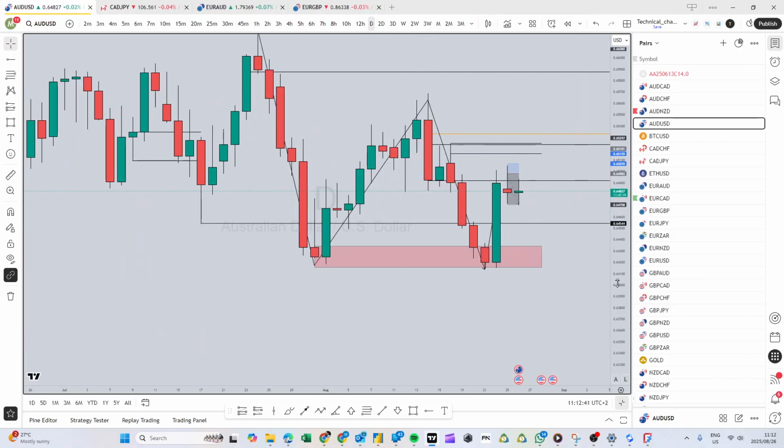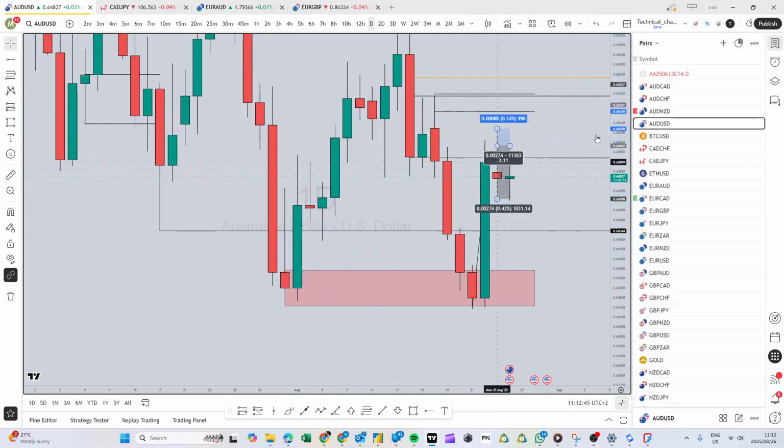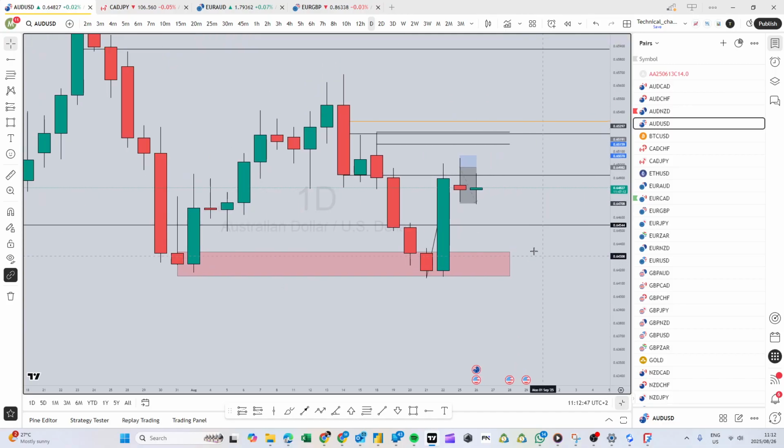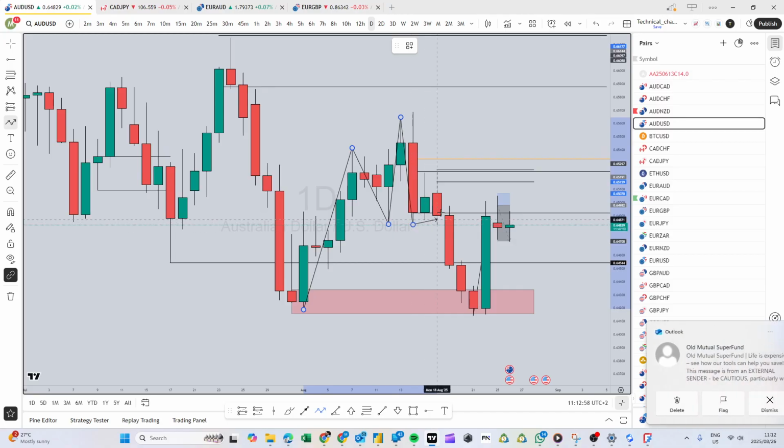But then if you zoom in on this move going up, so I'm just gonna take this out. If you zoom in on the move going up, you can see that we formed this head and shoulders.